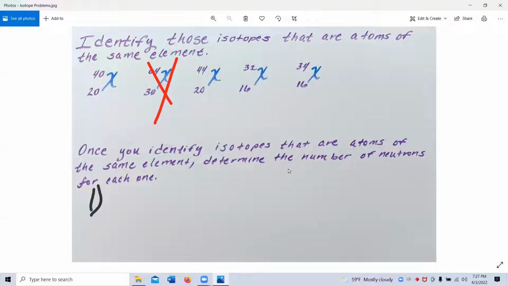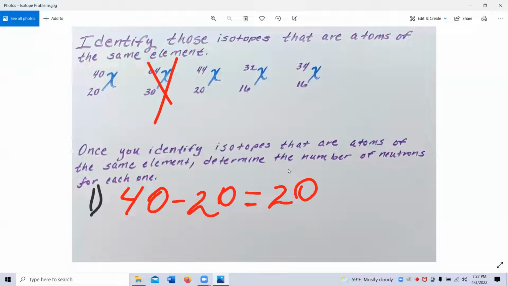To determine the number of neutrons, if you look at a prior video on the nuclear arithmetic for isotopes, you take the nucleon number, which is 40, which is the superscript, and then you subtract off the atomic number, which is 20, and that gives you 20 neutrons. So that's the answer for the first element.